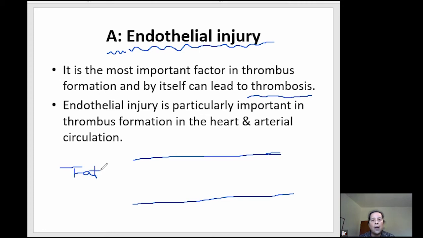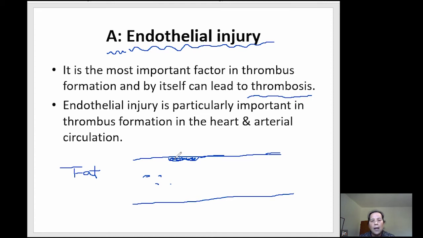Too much fatty material in the blood circulation pretty easily attaches to the cells inside the blood vessels. Normally, the inside of the blood vessel is pretty smooth, and the blood passes through pretty easily.